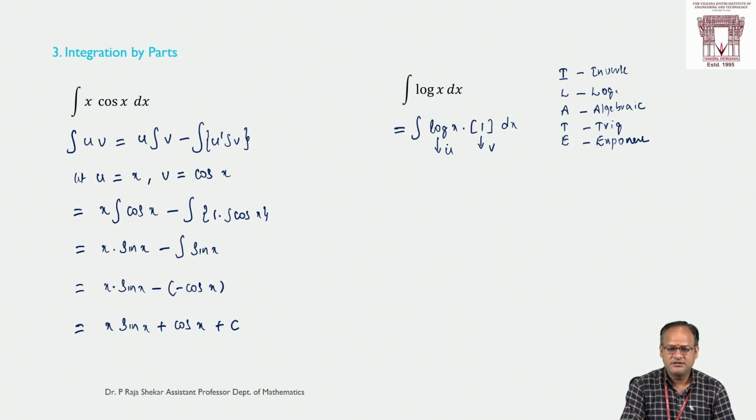The order of preference is first logarithmic, then algebraic. 1 is x to the power 0. So for that reason, I suppose log x as u and 1 as v.